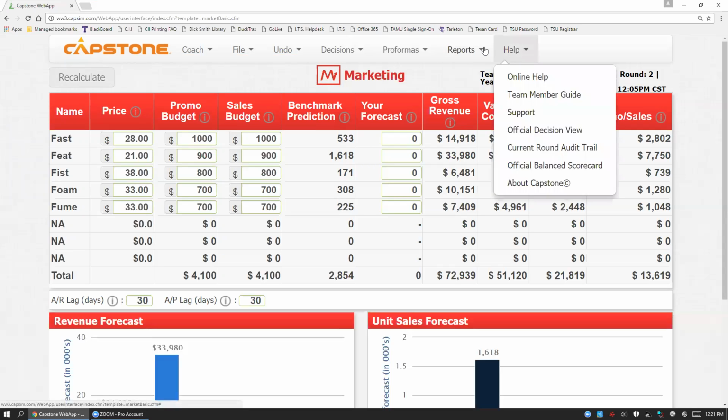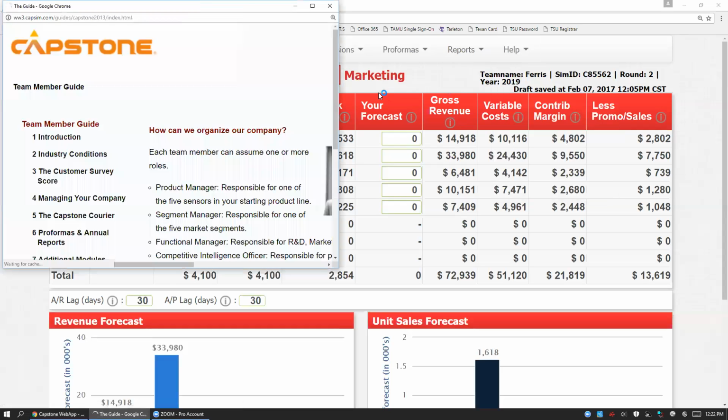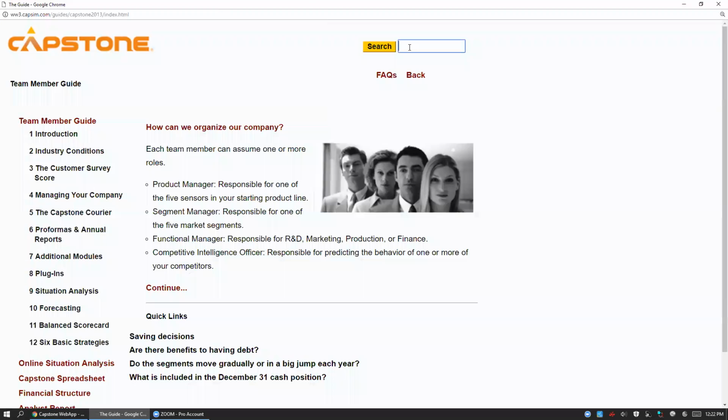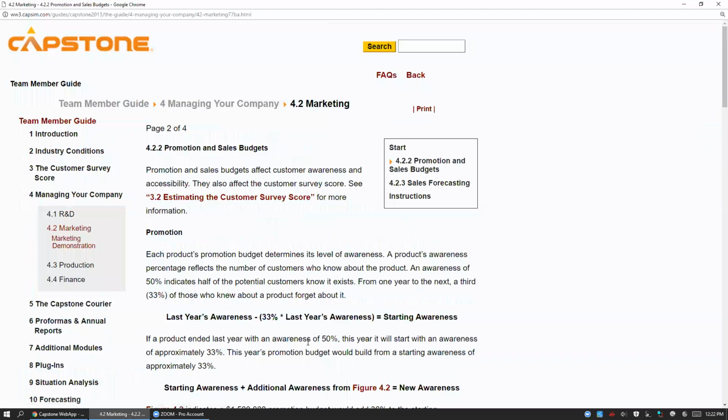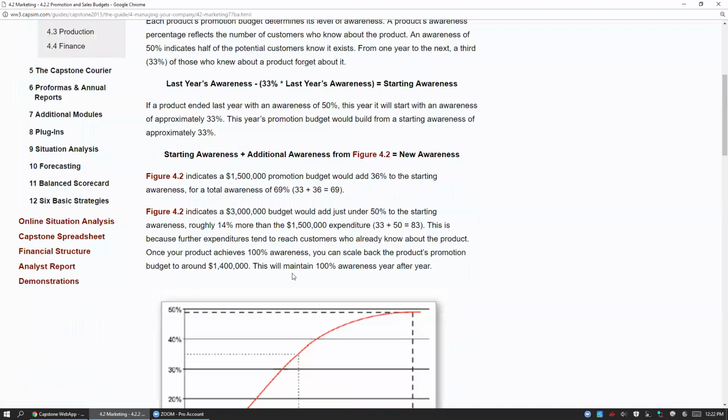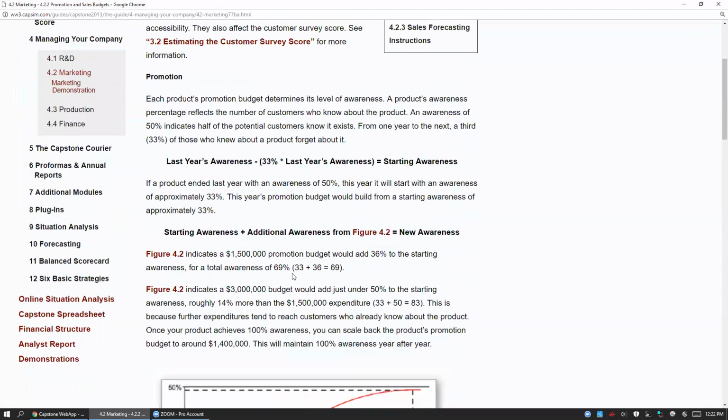When we have a question like this, again, don't make the decision blindly. We can go to our team member guide, and this should be searchable. And let's briefly look at the promotional budget. You can read through this on your own time.